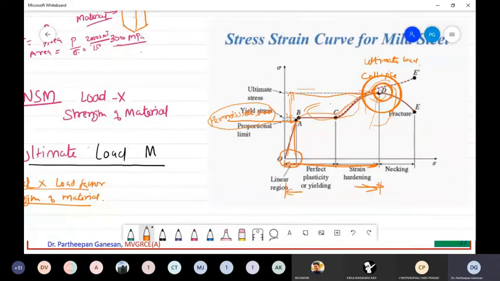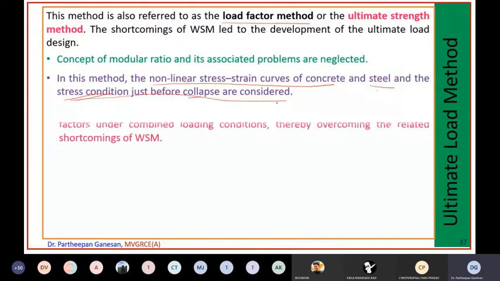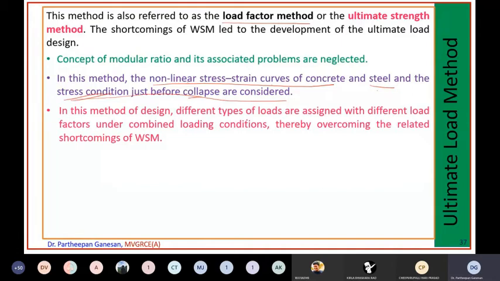We are focused more on this one. This is the collapse point or fracture point. Just before the collapse point is the ultimate load point. So that is why that is considered. Now in this method, different types of load are assigned different factors under combined loading conditions.